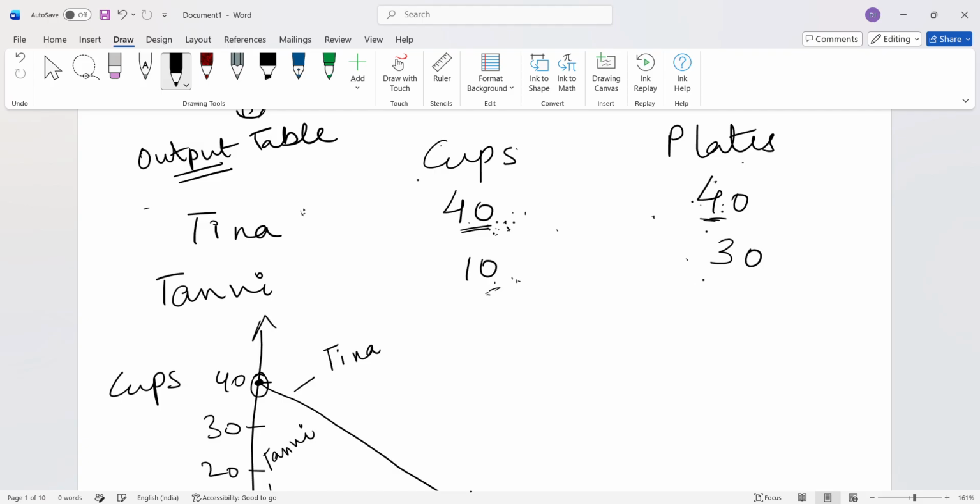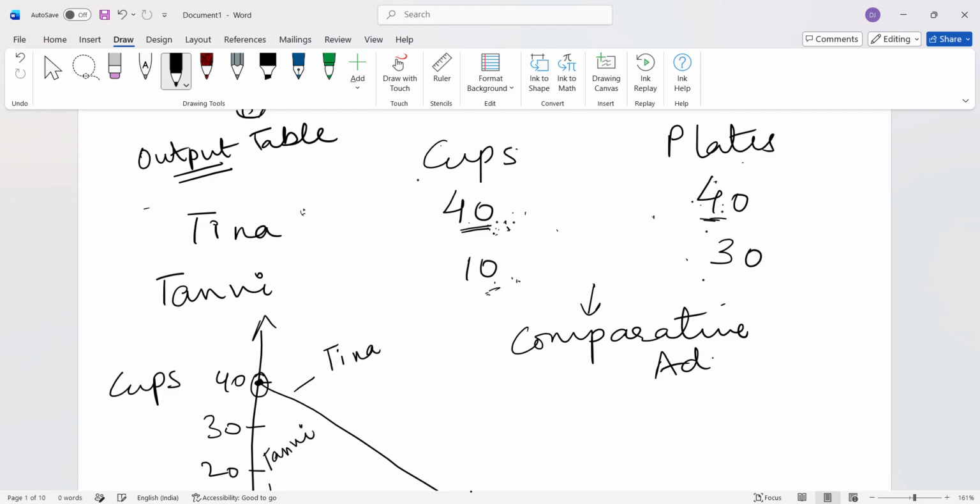Okay, so does that mean that trade is not possible? Since Tina has an absolute advantage in both goods, does that mean that Tina and Tanvi cannot trade? This is where we jump into comparative advantage, right?